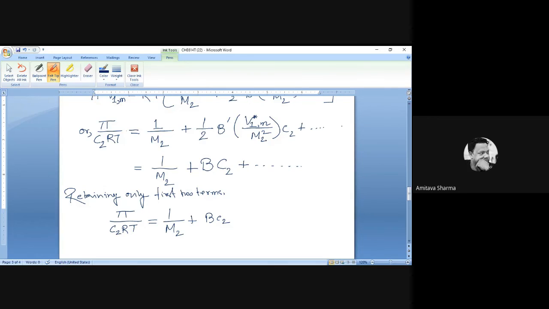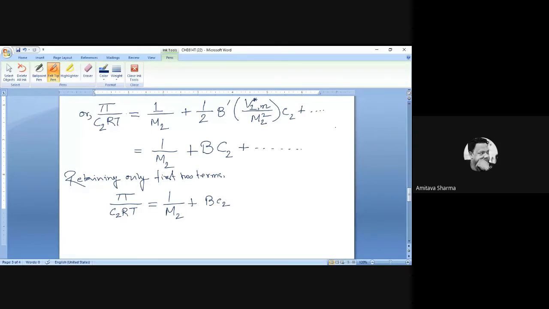As the higher order terms are insignificant because they are squared, they become very small. So I am considering the first two terms, that is 1 by M2 plus 1 by 2 B prime V1 by M2 square C2. And I am also considering the B prime V1 star by M2, that is the molar volume by mass, this constant as a single B only, not as B prime.